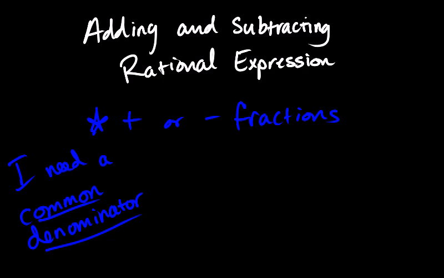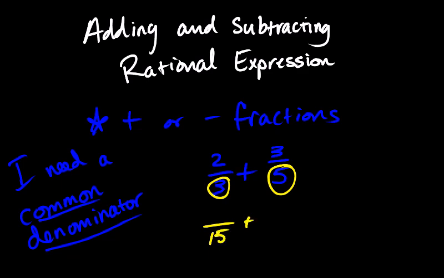So let's take, for example, 2/3 plus 3/5. Alright, so 3 and 5 are not the same number, therefore you cannot add these together. So we say, what is a common multiple between 3 and 5? Hopefully everybody in the room that is watching this video would say 15.